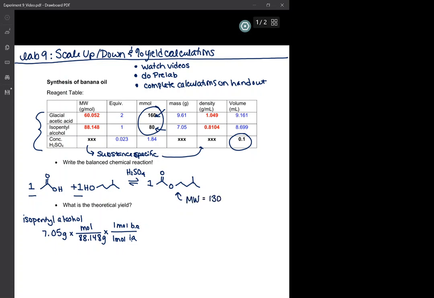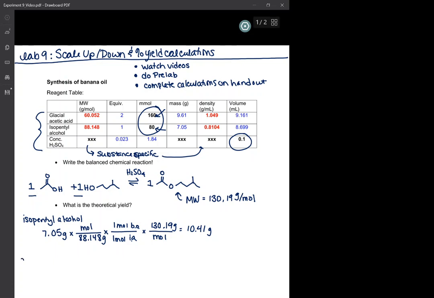So we can look that up, and then we're going to use that in our calculation to convert from moles of banana oil to grams. So we're going to multiply by our molar mass. And we do all of our calculating across, and we get 10.41 grams. So if all of the isopentyl alcohol is converted to product, that's how much product we would make. All right, so we know that that's our theoretical yield.